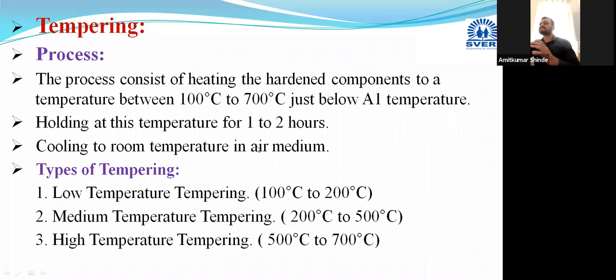In low temperature tempering, we will take the sample and heat it in the 100 to 200 degrees Celsius temperature zone. We will hold it at that temperature for 1 to 2 hours, and we will slowly cool it to room temperature. Now what will happen in this low temperature tempering?